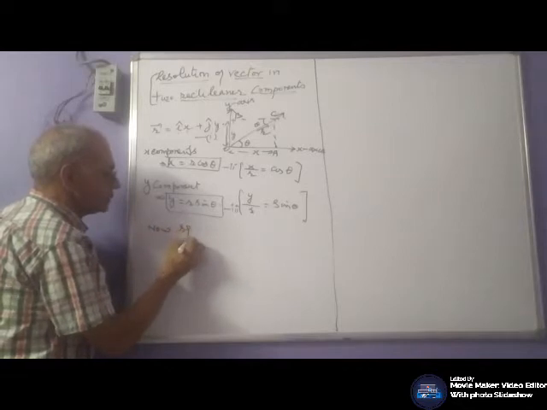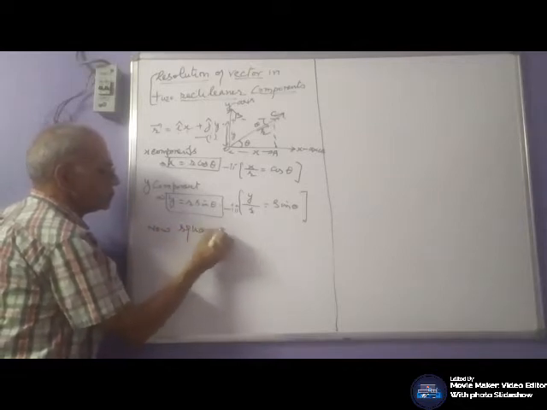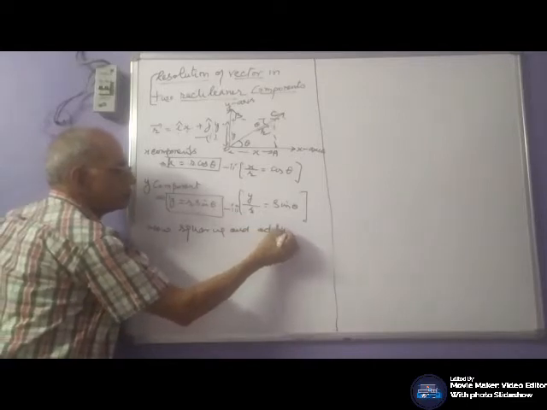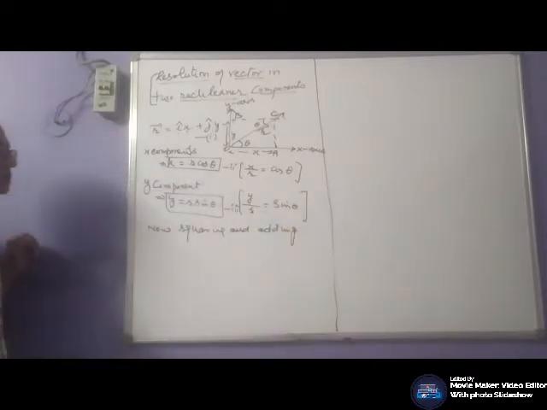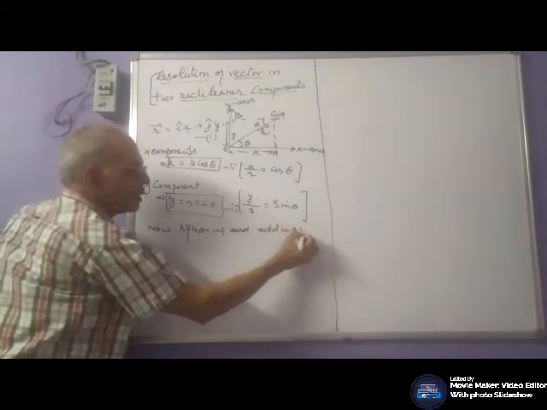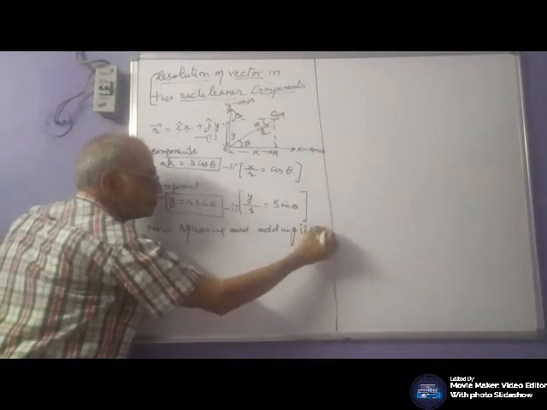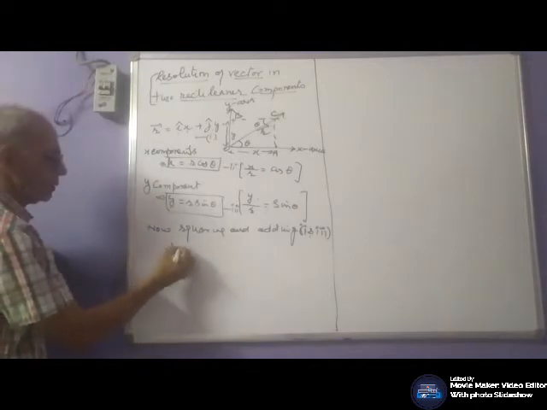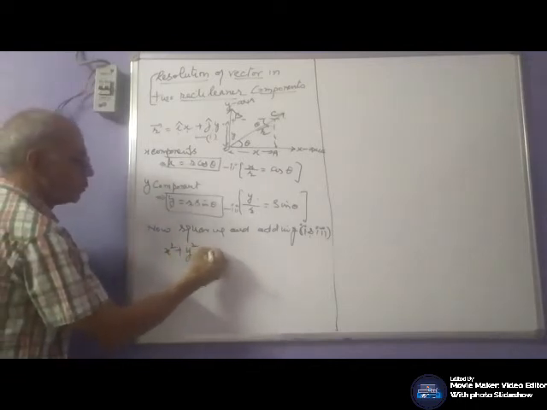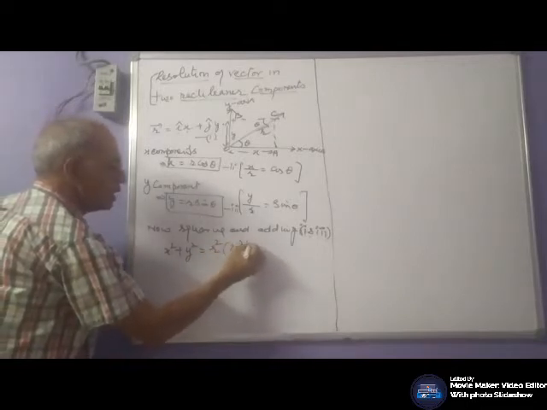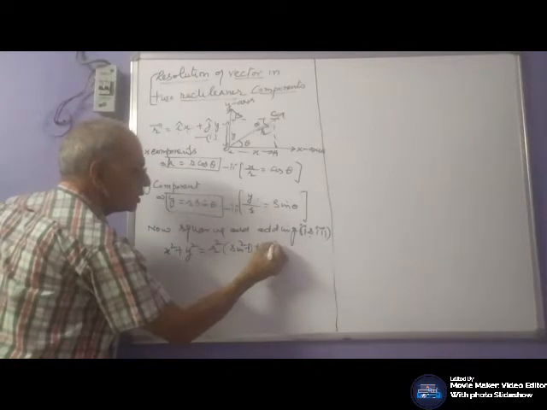Now squaring and adding second and third. X square plus y square is r square, sin square theta plus cos square theta.